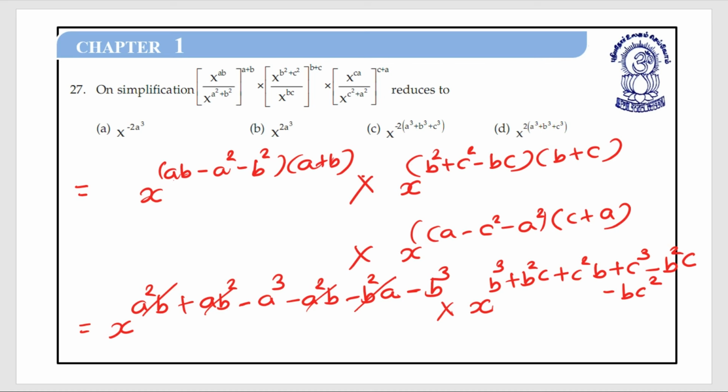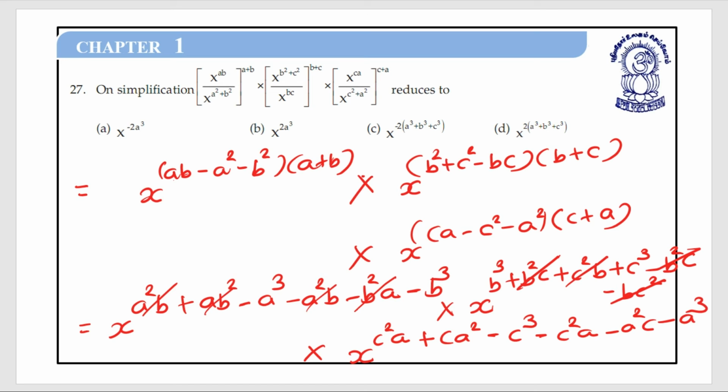So here plus bc square minus b square c cancel, c square b minus bc square cancel, so it becomes b cube plus c cube, into x raised to ca into c square a plus ca square minus c cube minus c square a minus a square c minus a cube. Okay, plus c square a minus c square a cancel, plus ca square minus a square c cancel.